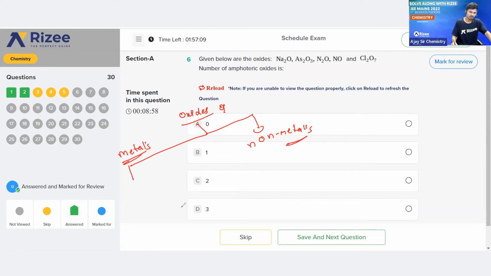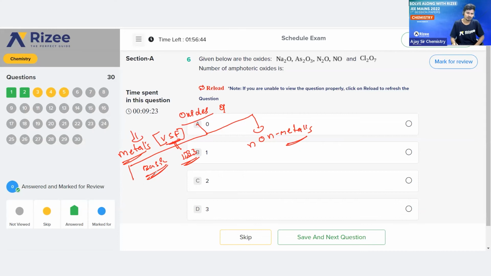Oxides of metals are basic in nature. Clear? These metals should have very few valence shell electrons, up to 3 valence electrons. So these metals have 1 or 2 or 3 valence electrons.